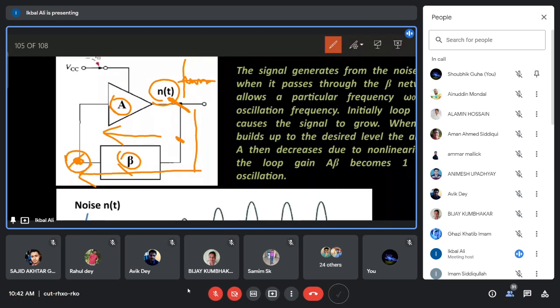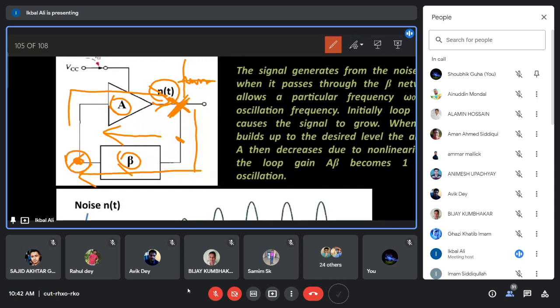When this noise signal at the output of the beta network passes through the amplifier A, the amplifier's function is just to amplify the signal. So how much noise signal will you get at this point?